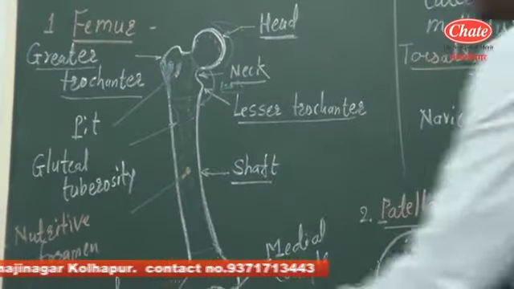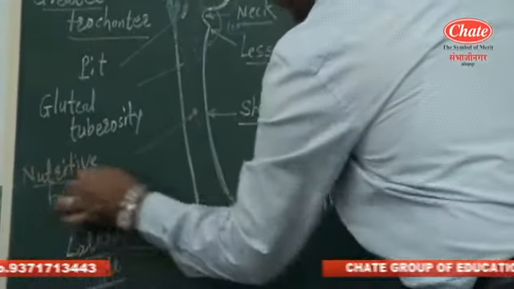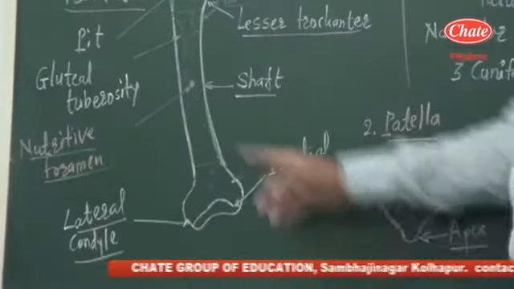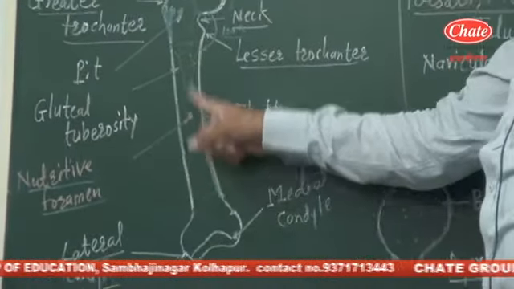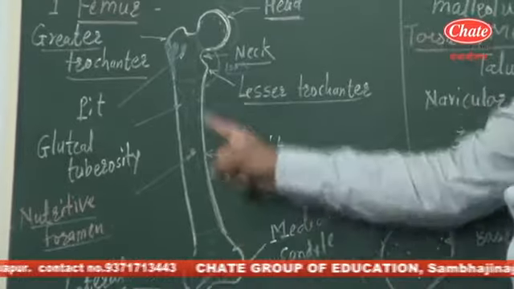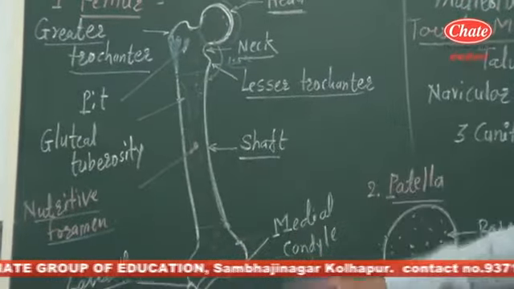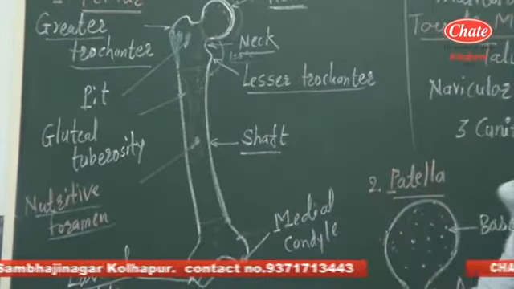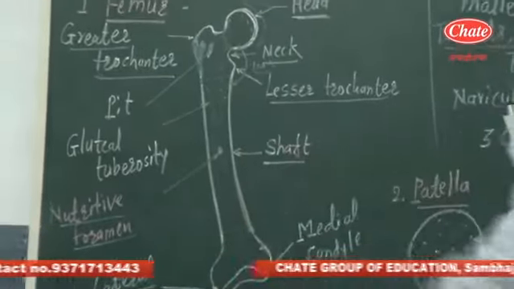Now the middle region is the shaft. The shaft consists of the nutrient foramen through which blood vessels and nerves enter into the bone, because at the center we can observe the bone marrow cavity, and there is the presence of osteons, that is the Haversian canal system.